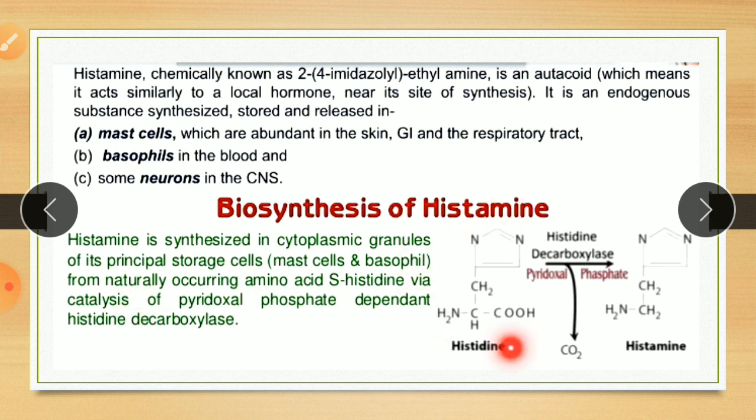So this is the structure of histidine. After decarboxylation, which means removal of this carboxylic group, it gives histamine. So histamine is synthesized from histidine, an amino acid, by the enzyme histidine decarboxylase. That is the biosynthesis of histamine.